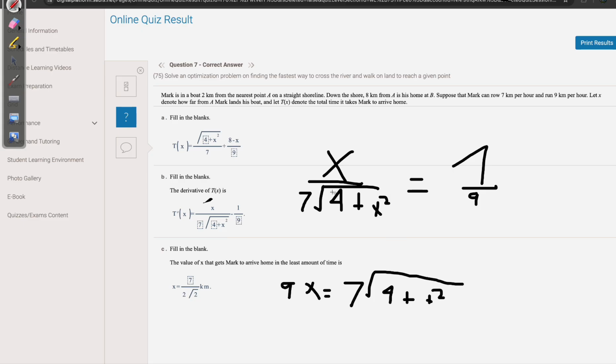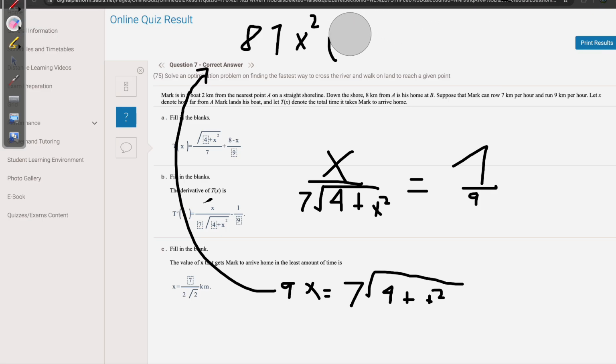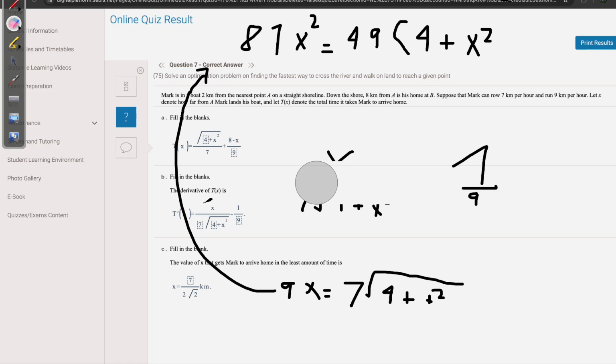Now we're gonna square both sides. So basically 81x squared is equal to 49 times 4 plus x squared. We're gonna distribute, let me just do 49 times 4.